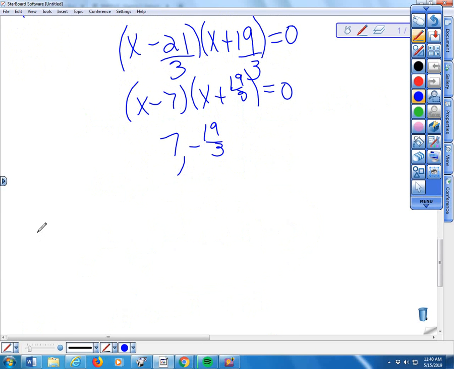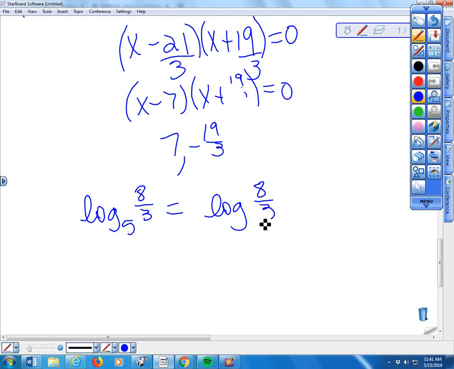Next one, they said use log base 5 of 2 is about 0.4307. Log base 5 of 3 is about 0.6826. So log base 5 of 8 thirds, if I use the change of base, log of 8 thirds divided by log of 5.